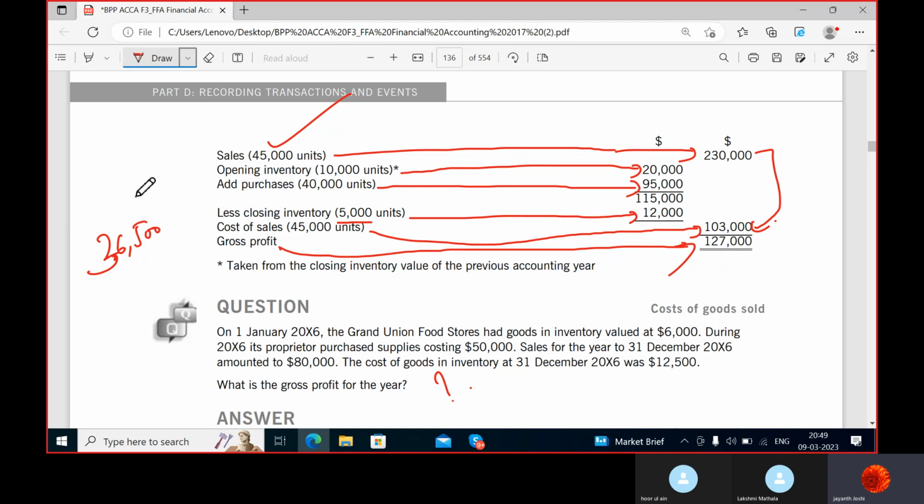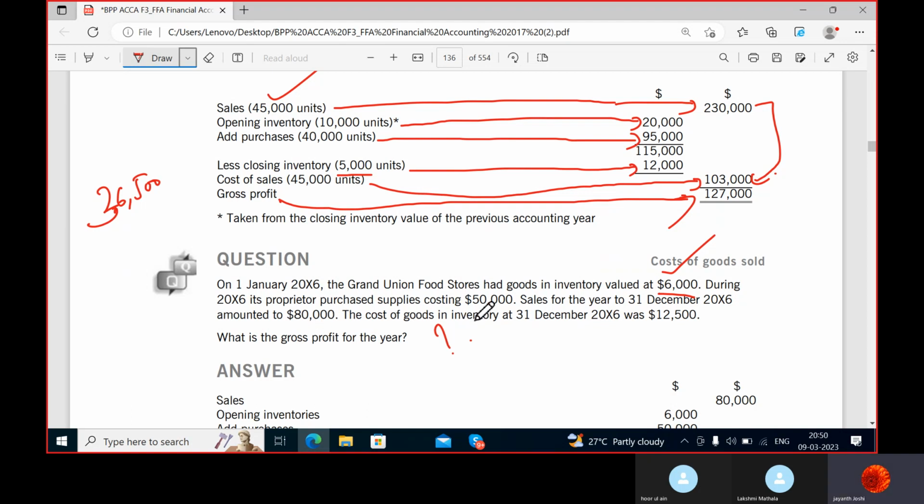Okay, let's solve this question at last. I was expecting an answer, Hamsika. Now, on 1st Jan, the Grand Union Food Stores had goods in inventory valued at $6,000. So this is their opening inventory. And they purchased $50,000 worth of goods, and sales or revenue is 80,000.